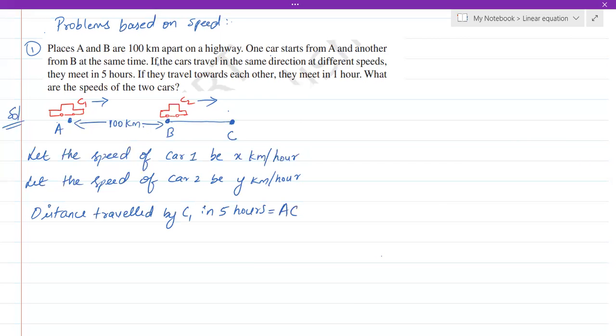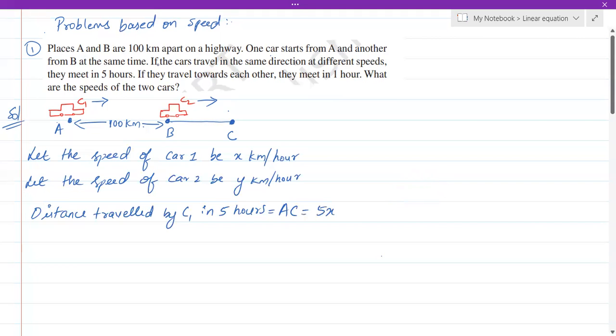Car 1 starts at point A and after 5 hours reaches C. We know that distance is calculated using the formula speed into time. Speed is x for car 1 and time is 5 hours, so x into 5 is 5x. Therefore, AC is equal to 5x.